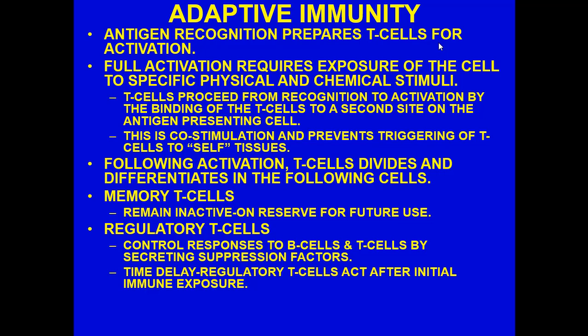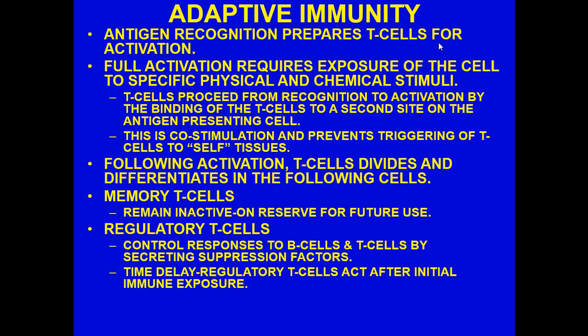In other words, autoimmunity. So let's talk about full activation. T cells proceed from recognition to activation by binding of the T cells to a second site on the antigen presenting cell. This is called co-stimulation. It prevents the triggering of T cells against self tissues.